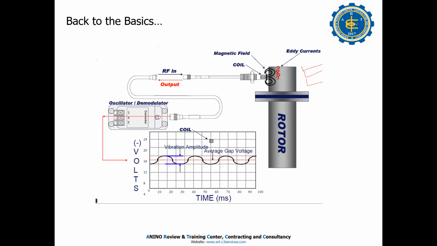This is the magnetic field, this is the coil, and then you have these eddy currents. This is the proximity probe. Then there is a cable, RF input and output, and then the modulator.